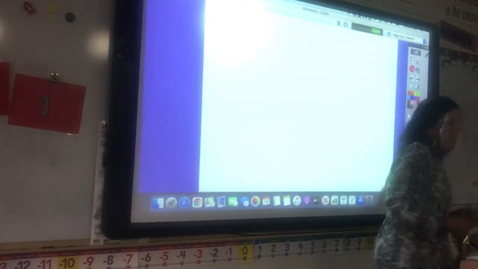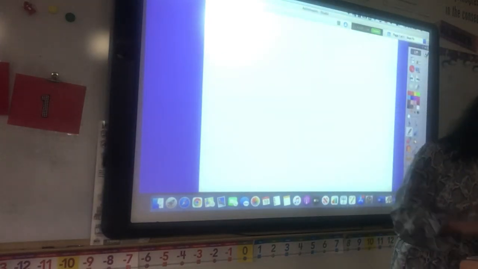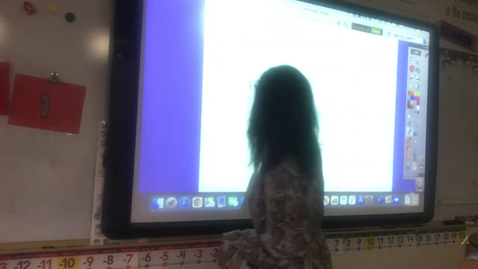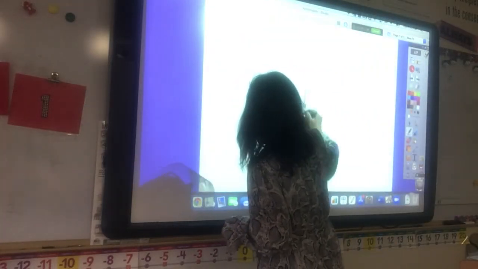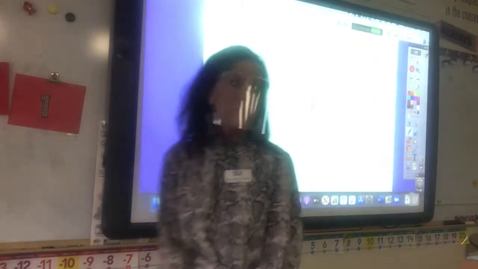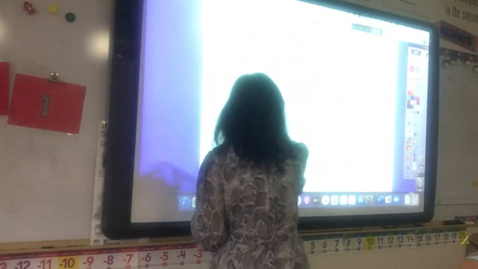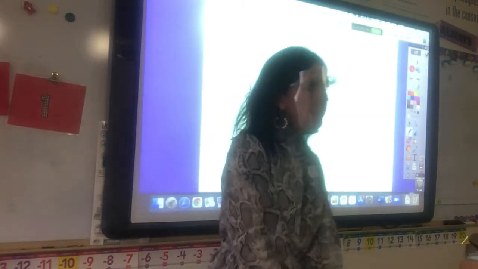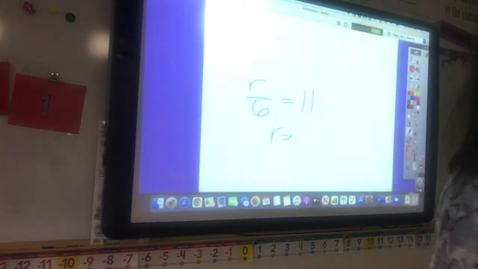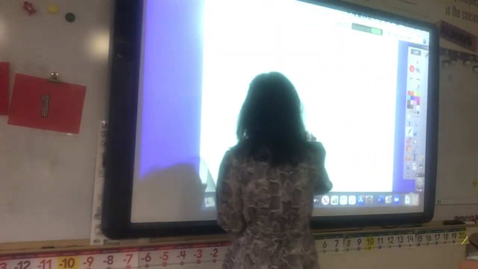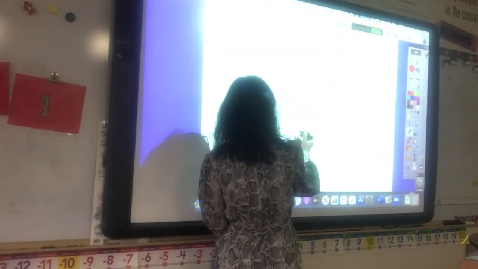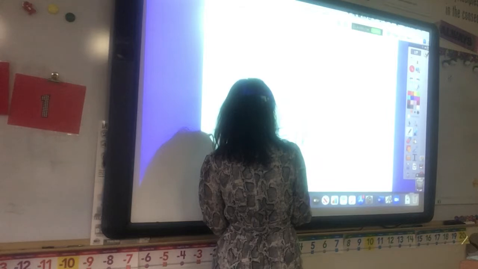Okay, what about this one? Let's do r over 6 equals 11. So what would be our middle step, Annika? If you do r equals 11 times... Exactly.